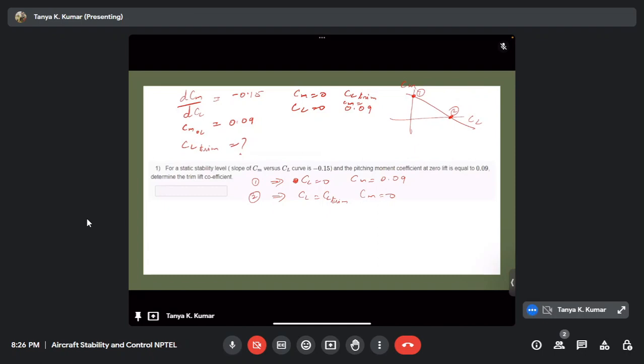You have 2 points, you have the slope, only one quantity is unknown. Find it out and tell me the answer.